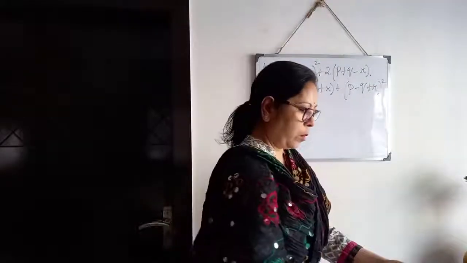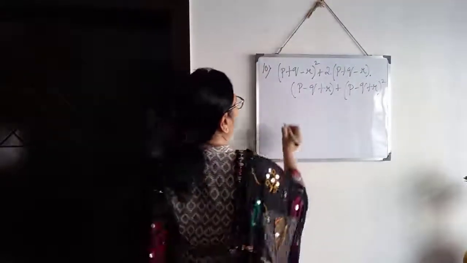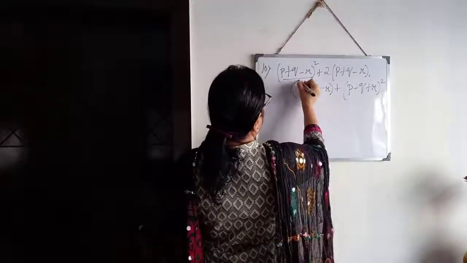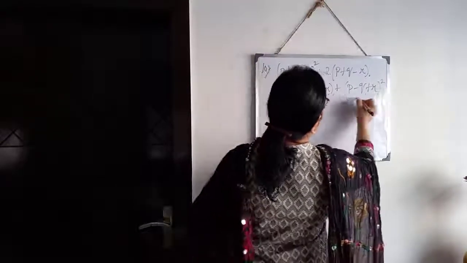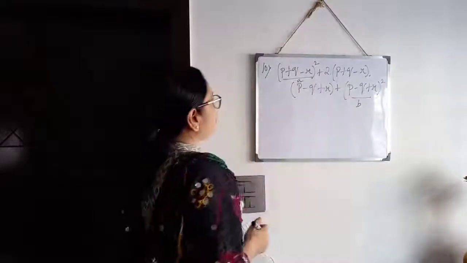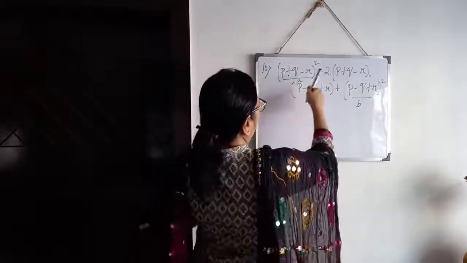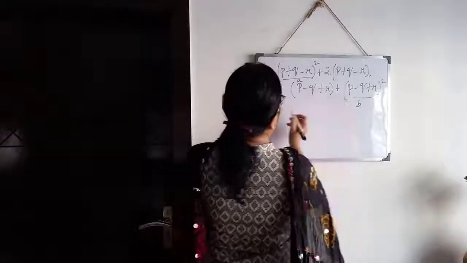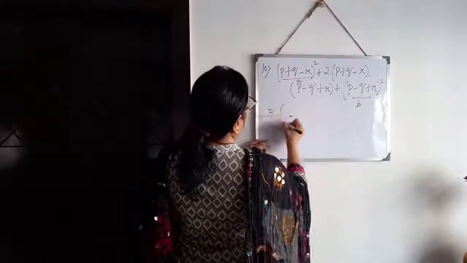Here you have to find out what is your A, what is your B. This is A and this is B. So it is given in the form of A square plus 2AB plus B square. So this equals to what you can write?